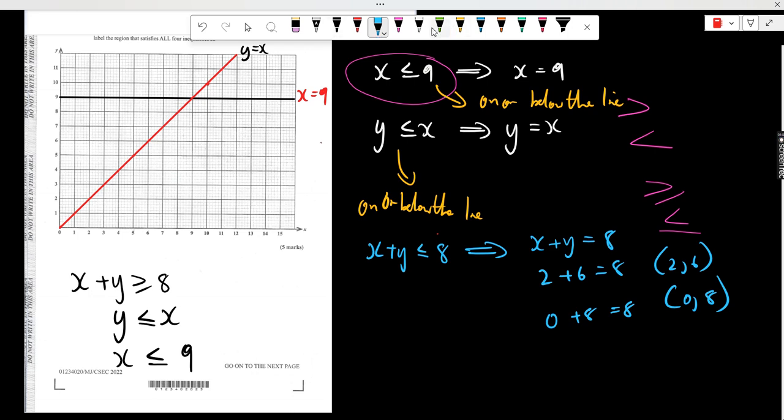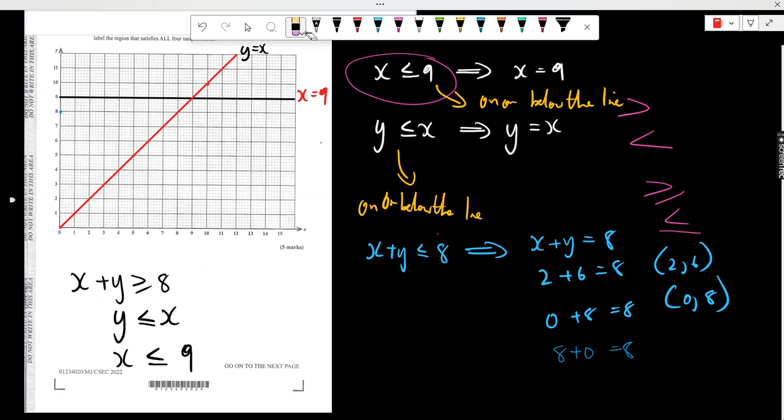So doing that, the point (0, 8) would be here, and the point (2, 6). Those are pretty close, so let me try to find points a little bit further off. Since we used (0, 8), we can also say that 8 plus 0 is also equal to 8.